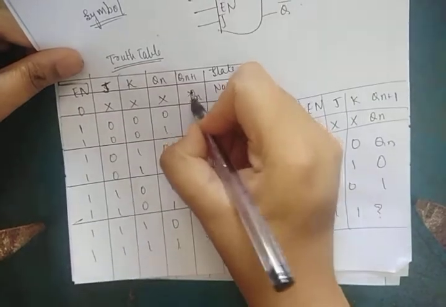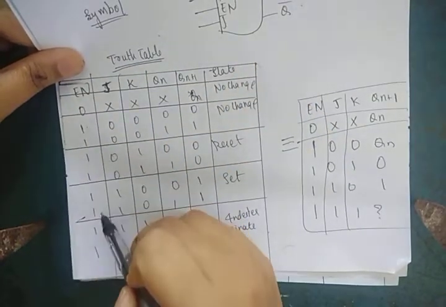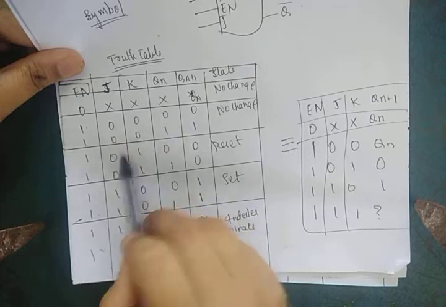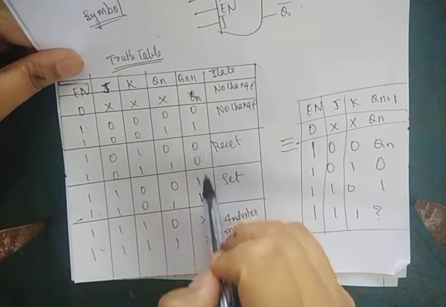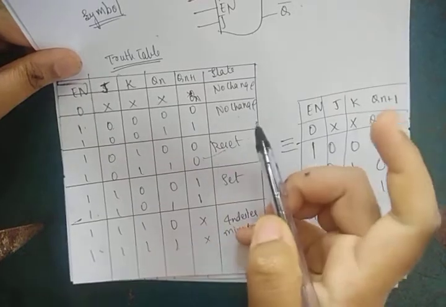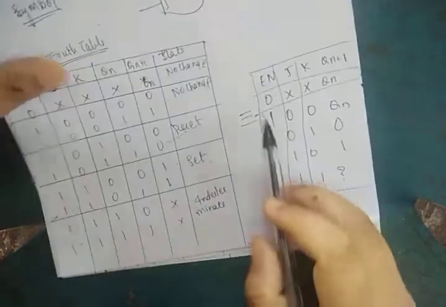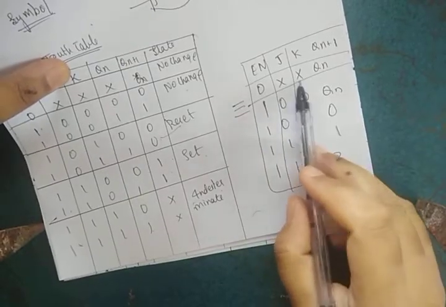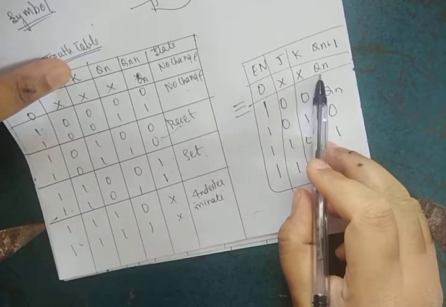Again the truth table, everything is the same. If enable is 0, nothing works; no change, it will retain its previous state, that is Qn. If enable is 1, then again the same truth table: 0, 1, 1, 0. This will be the no change state. This will be the reset state. How it works I explained. 1, 1 is the indeterminate state. Again here, if enable is X, put X, Qn meaning previous state.